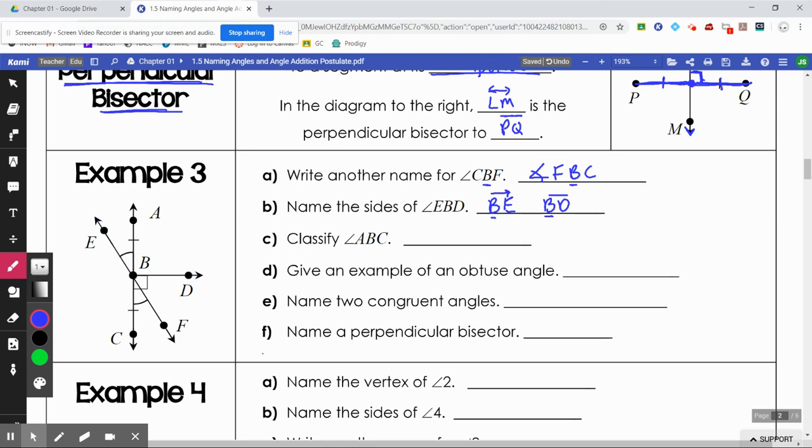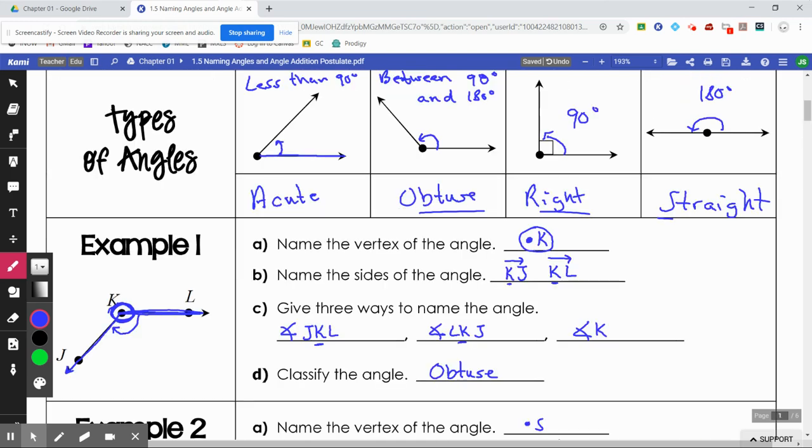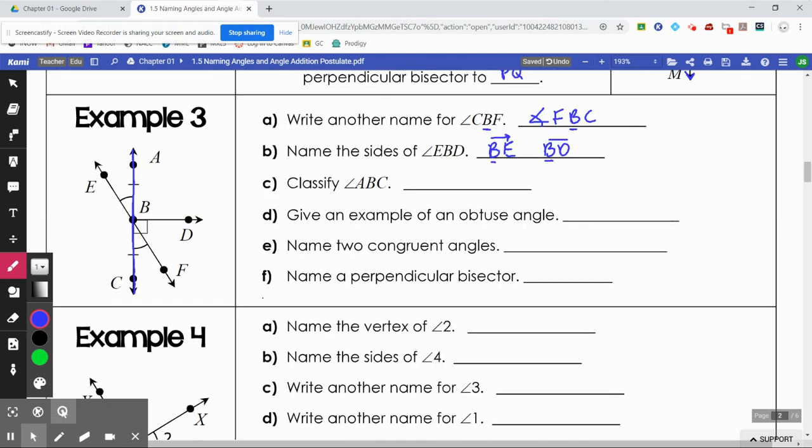C, we're classifying an angle. We're classifying angle ABC. So here is A, here is B, and here is C. And I want to point out, well, that's a straight line, so that's not an angle. Well, yes, actually it is. It's like a door. The door starts here and you open it all the way to here when you're measuring an angle, or you can say the door starts down here and then you open it up to here.